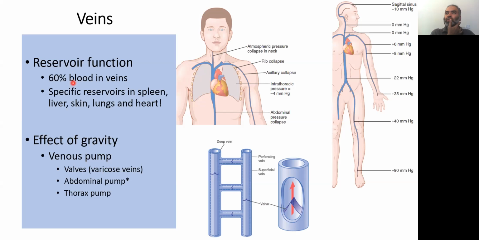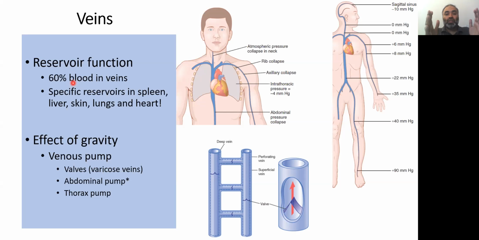So when you constrict a vein, you stress out the fluid, you milk out the fluid and the blood and make it available so that it also goes up the ladder and is available for the heart to pump. Okay, so at rest, when the sympathetic nervous system is not activated, the vein was holding a certain amount of blood as a reservoir.